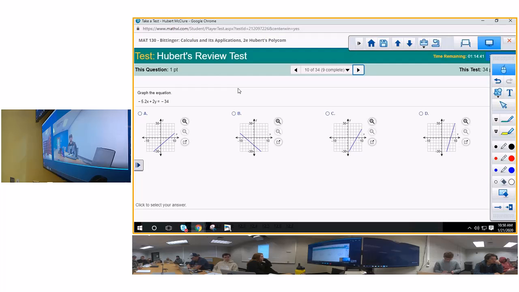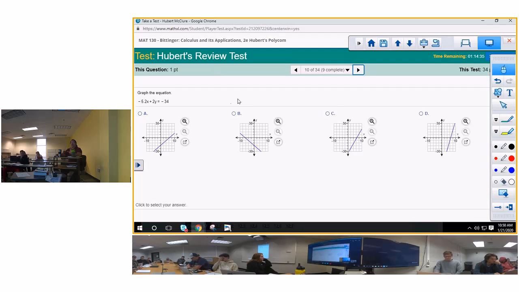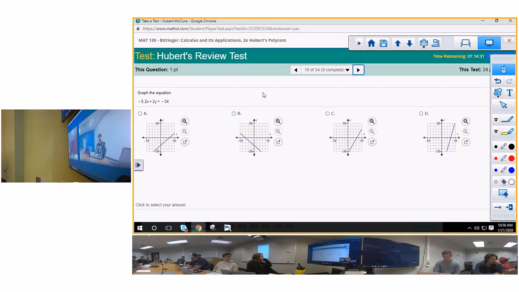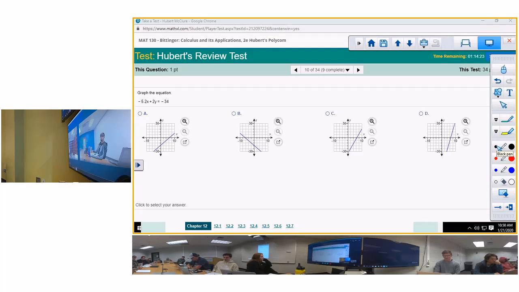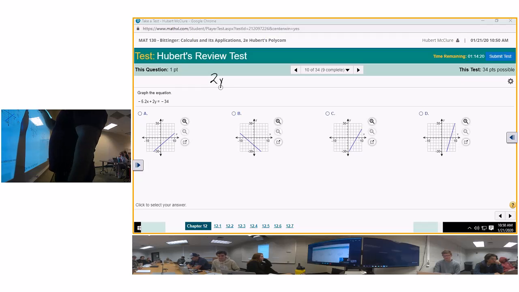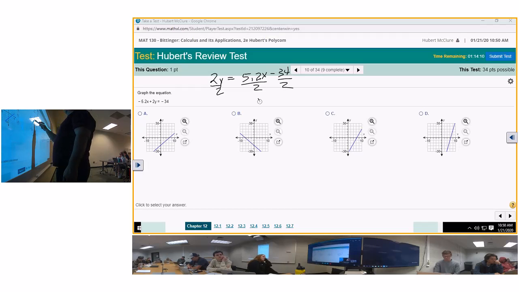All right, let's do this one. Solve for y and graph it. Or you can plug it into your calculator, I don't care. But solve for y. So, solve for y, you're going to get 2y is equal to 5.2x minus 34, divided by 2. y is equal to, what is that? 2.6x minus 17.